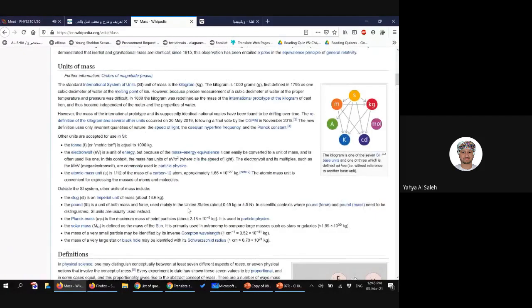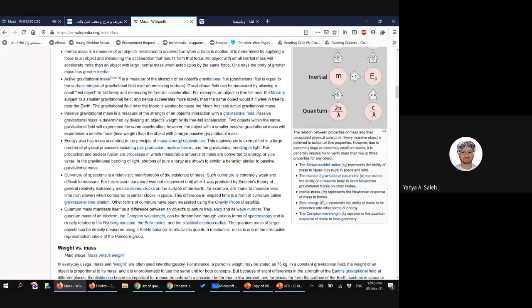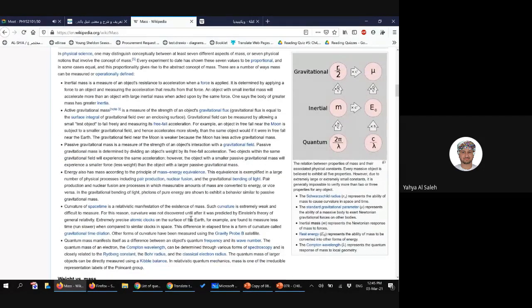So we have an interesting concept of mass here. And remember in chapter 1, when we were talking about the definition of the kilogram, we said it has been recently redefined.